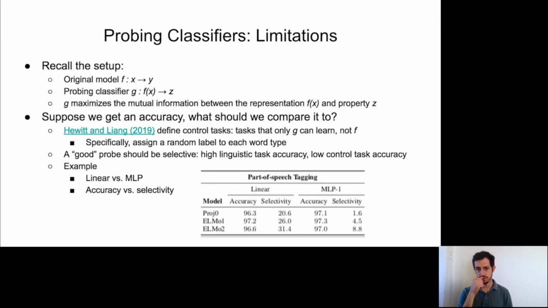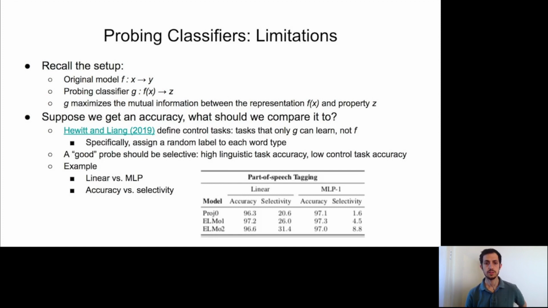And they found a few interesting results. You can see here examples from part of speech tagging and different layers of Elmo. We're showing the accuracy and the selectivity from their paper. And what's interesting to note here is that the accuracy is very high, but selectivity is not trivial, especially with the linear probe.